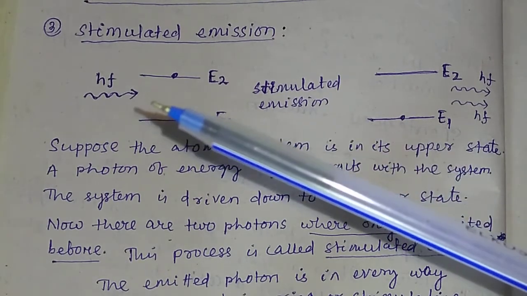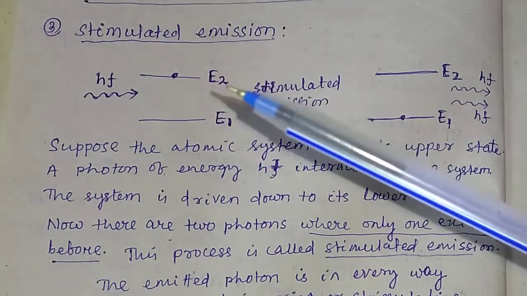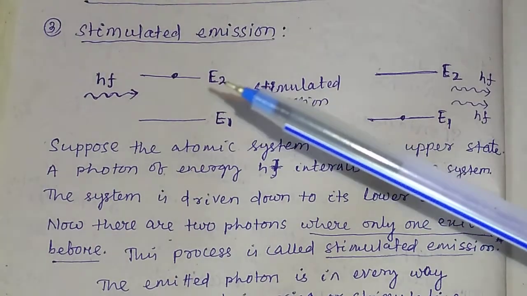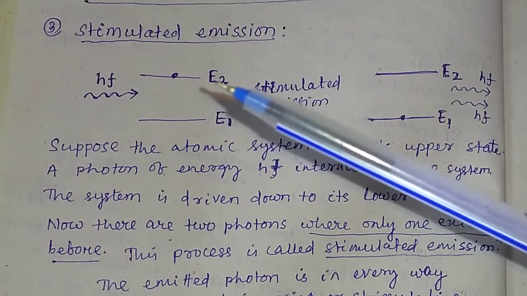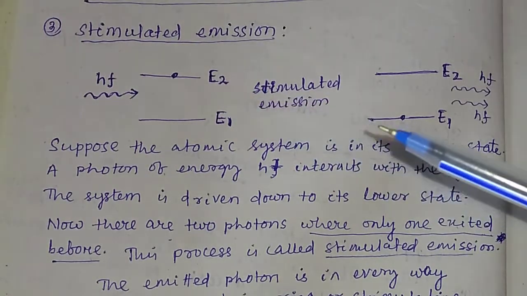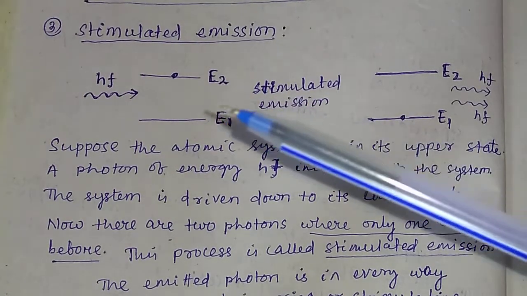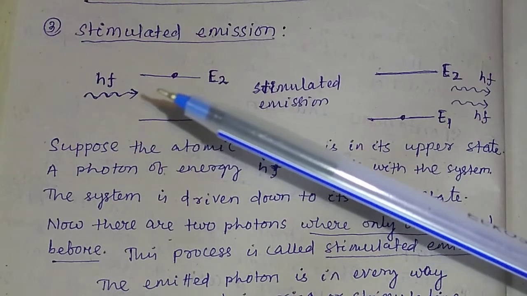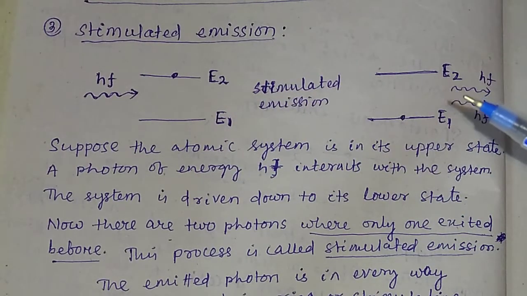One is your incident photon, and another photon comes out due to this stimulation. So you have two photons where only one existed before.